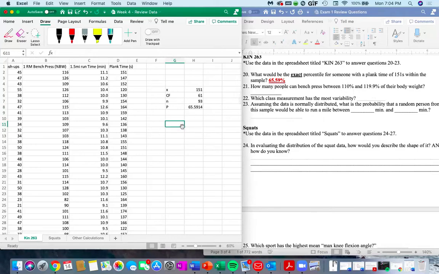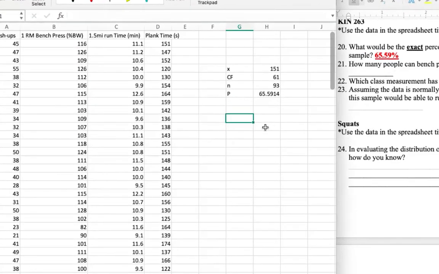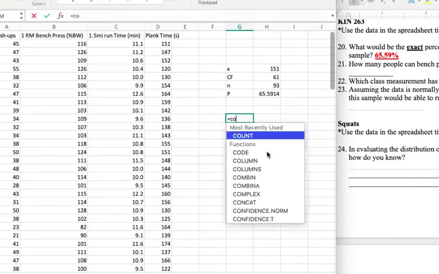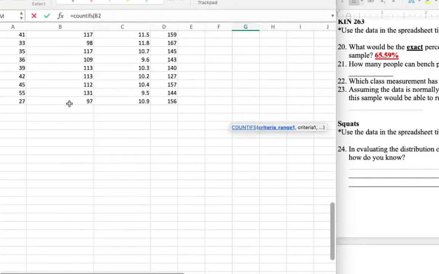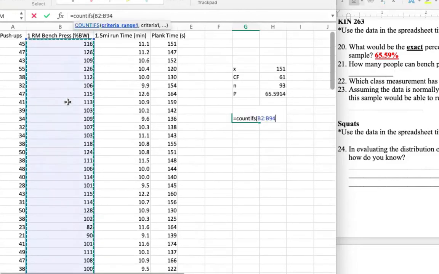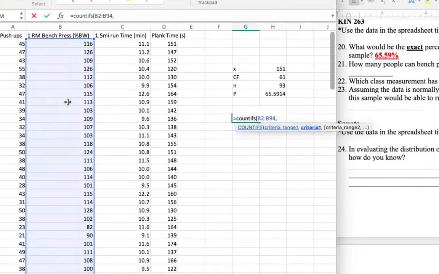I know on the exam question that is kind of similar to this, I specify. So we can use a count ifs function because we're inserting multiple criteria. We're doing our bench press, so that'll be our range. And then what's our first set of criteria? Greater than? Yeah, greater than or equal to 110.